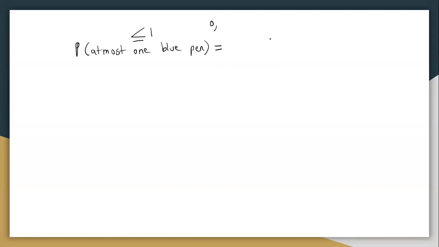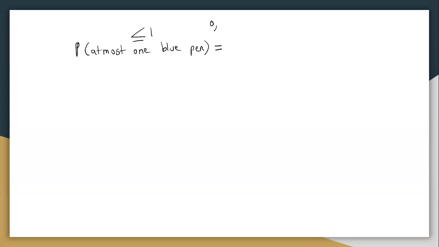Members, what probabilities do you think they want us to get? Put for me in the chat. We have said at most one blue pen. At most means less than or equal to 1.